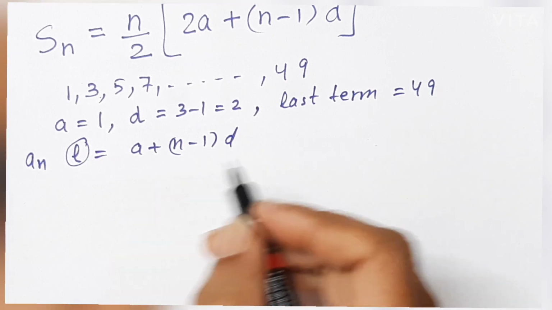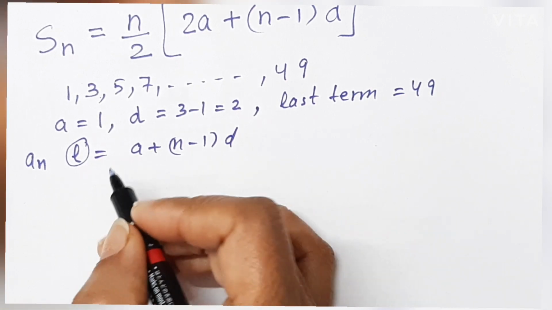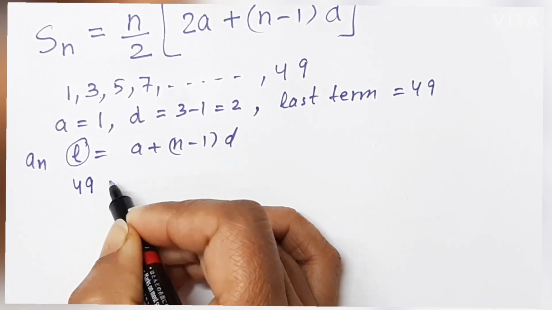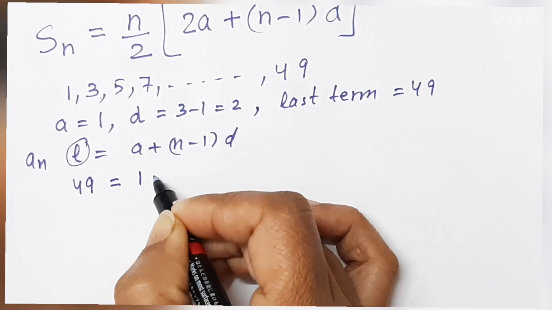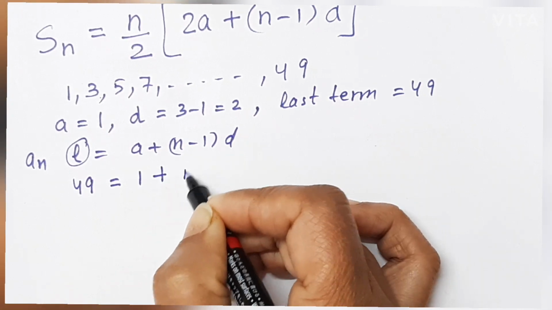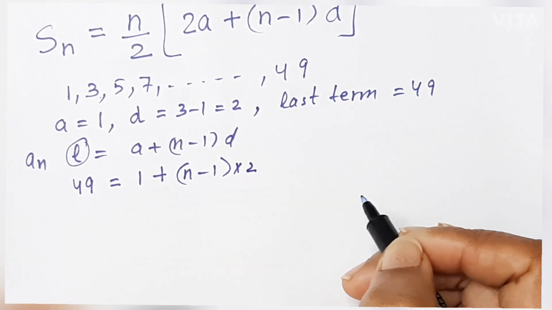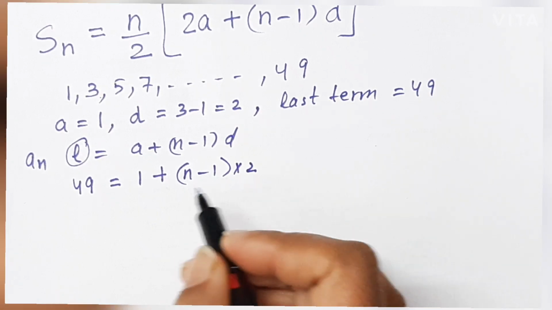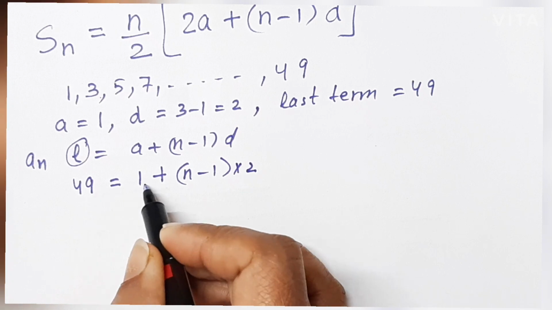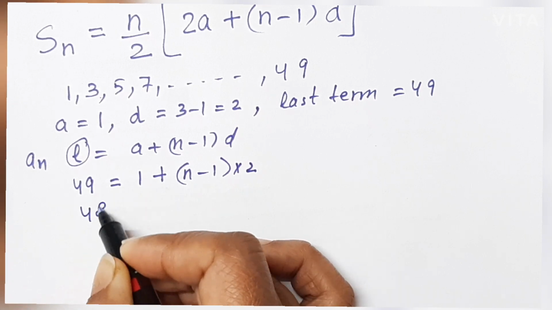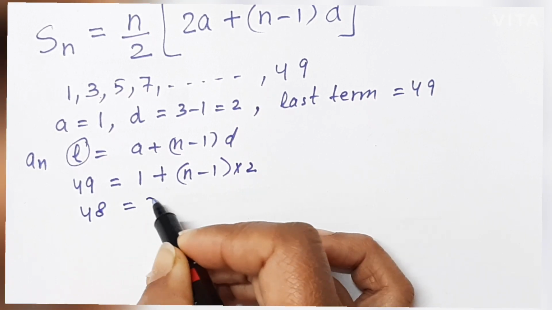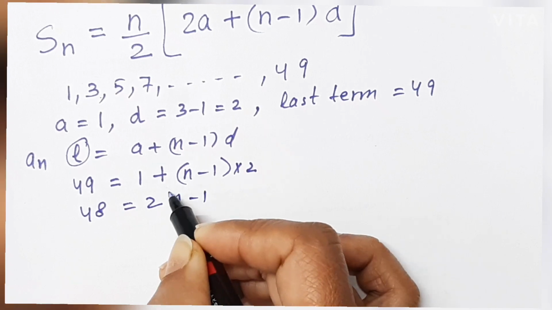Clear? So let us put the values now. So here 49 is 1 plus n minus 1 into 2. So this will become what now? 49 minus 1 is 48, which is equal to 2 times n minus 1.